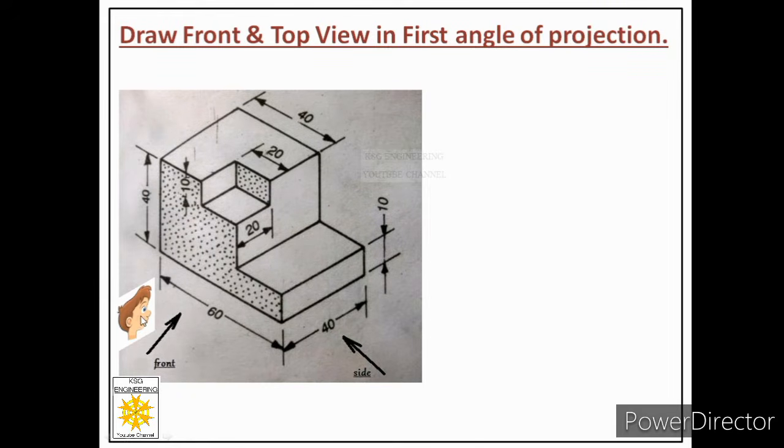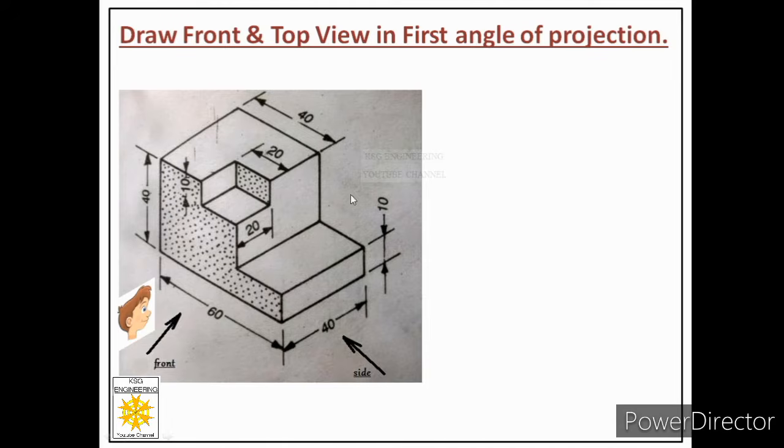That means we have observer, then object, then we assume that the vertical plane is behind the object. Similarly, when we look at this object from the top, again we have to satisfy the same sequence. Observer, object, then we assume that the plane of projection is below the object. That means the horizontal plane is below the object.